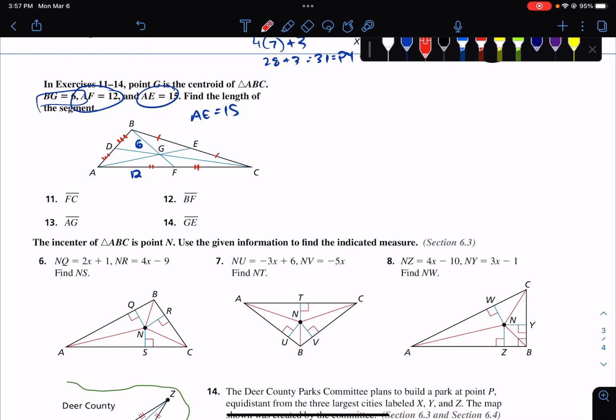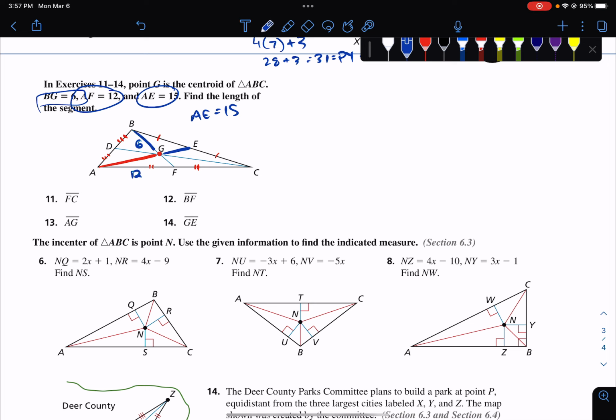I also know that where these cross, G, breaks up these lines into pieces that relate to each other. This left piece, this red piece, is twice as big as that blue piece because G is the centroid. So I know that that's true no matter which one I'm looking at.